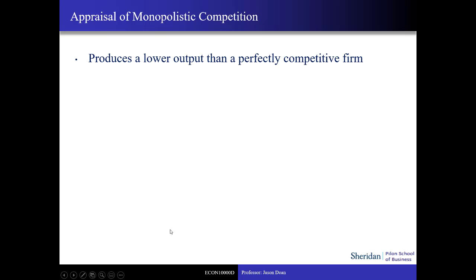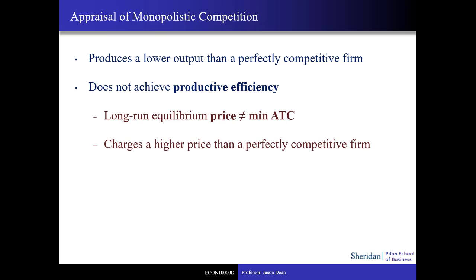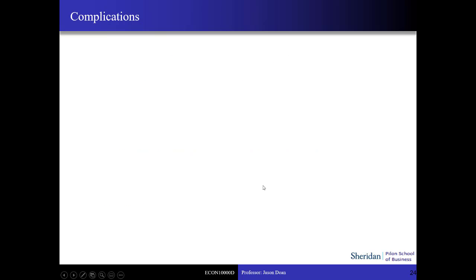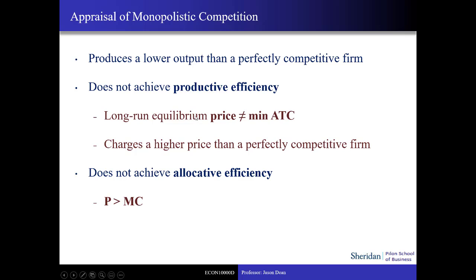So what's good about monopolistic competition is that it produces a lower output. That's not what's good, but they tend to produce a lower output than a perfectly competitive firm. It doesn't achieve productive efficiency or allocative efficiency. Okay. I'll just go back to that slide. But again, we just talked about how the price doesn't equal the minimum average total cost.